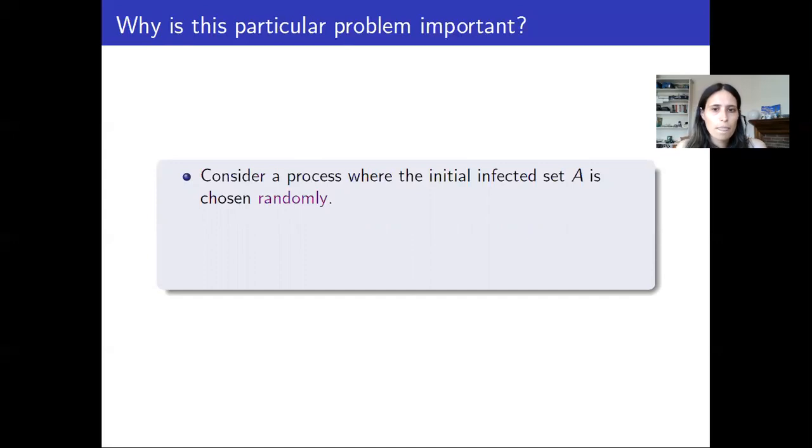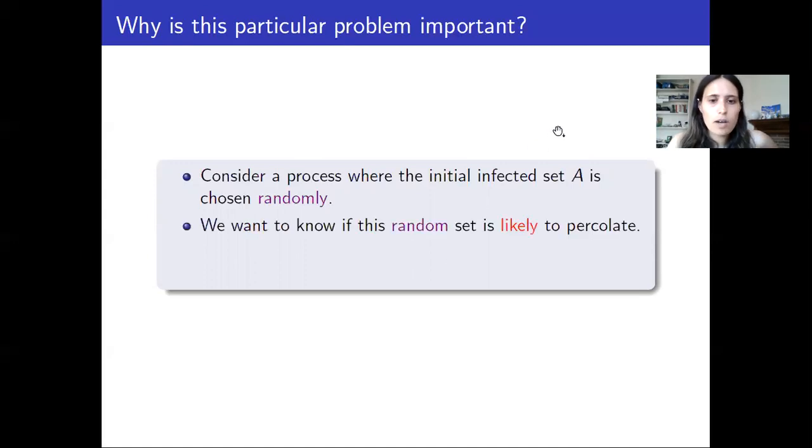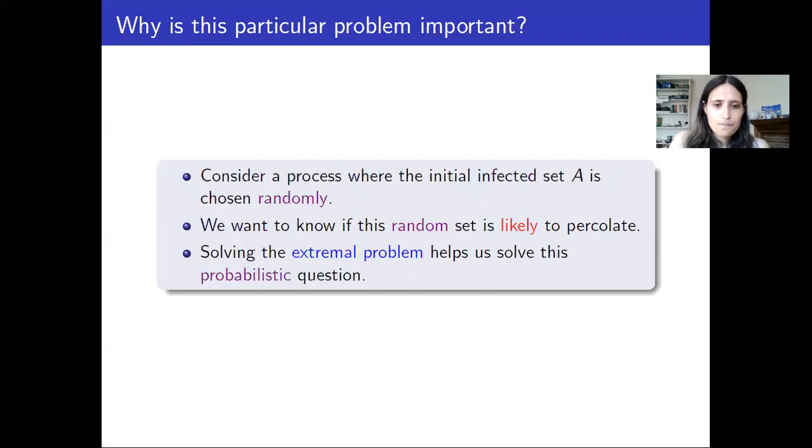This gives you an initial infected set, which is random, and it's very interesting to try and work out whether the random set is likely to percolate. If you think about real-world situations, for a lot of processes, it's a much better model to say that it's realistic to expect that a certain proportion of the population have got this particular disease or this genetic mutation or something like that.